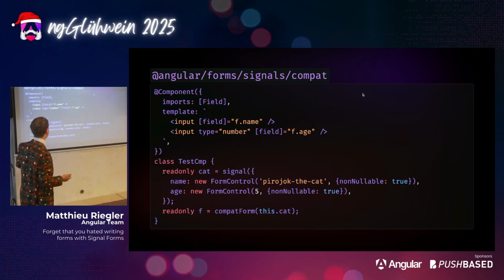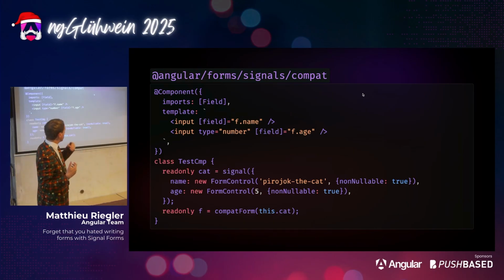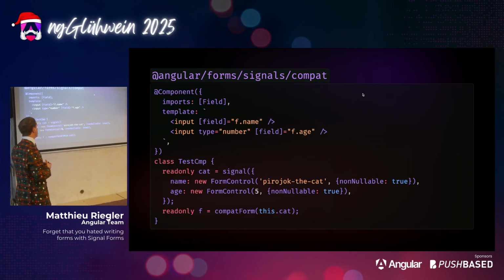You give it a form control here and another one here. It's not nullable, of course. And from this, you read the signal you have with the form controls, and you create the form object with a compat form function that comes from the compat sub-entry. So it's just a basic idea to show you that we want to provide something that helps you migrate smoothly to the new forms.